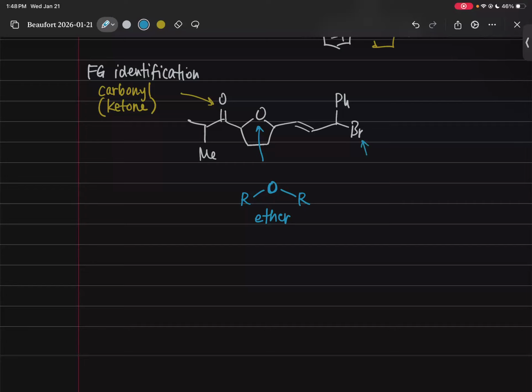We have a halogen over here. There's that Ph, which we've seen before. A double bond. And then what about this Me? So when we're looking for functional groups, you're just looking for stuff that isn't just plain lines. Anything remotely interesting, generally speaking, is a functional group.